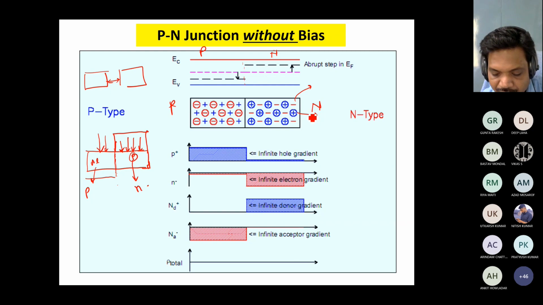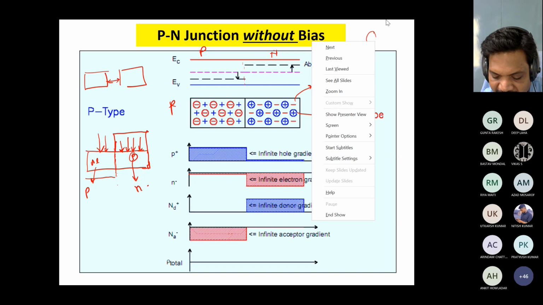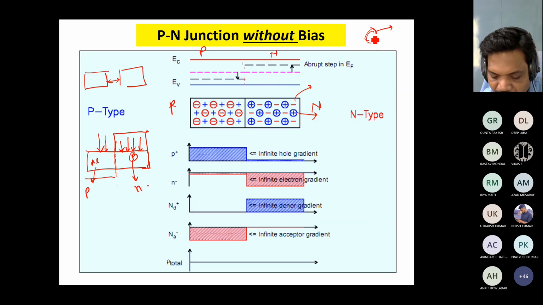These atoms are positively charged ionized atoms: initially the atom is neutral, but whenever it donates an electron, it gets positively ionized. Similarly, an acceptor atom is initially neutral, but whenever it accepts an electron, it gets negatively ionized. You should remember that.